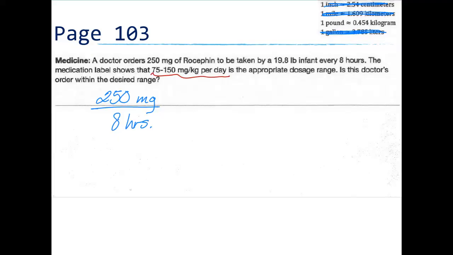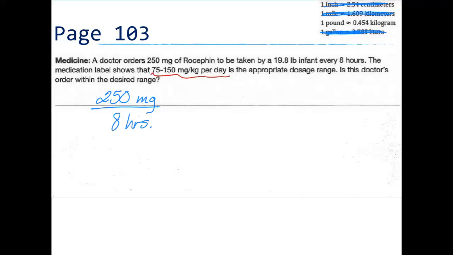Does it say for 8 hours? It says per day. So what do I need to do to get this to a day? I don't think we're going to divide it. Right, we want to multiply, okay?